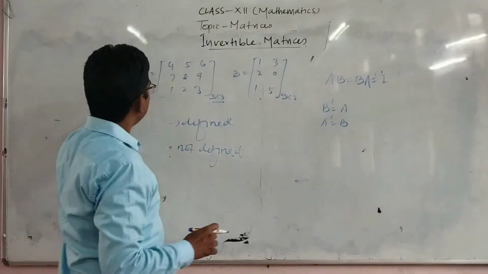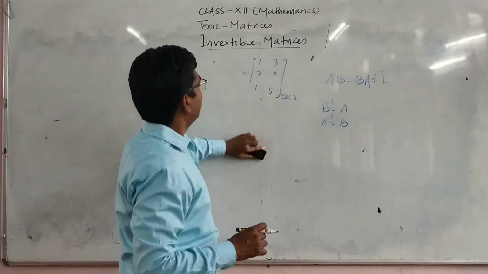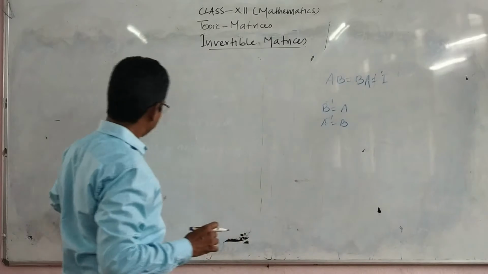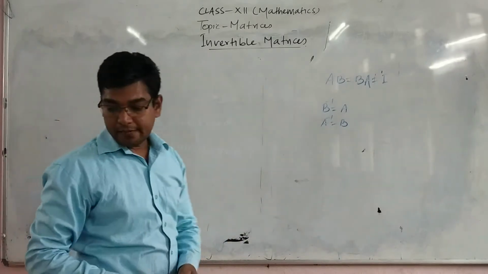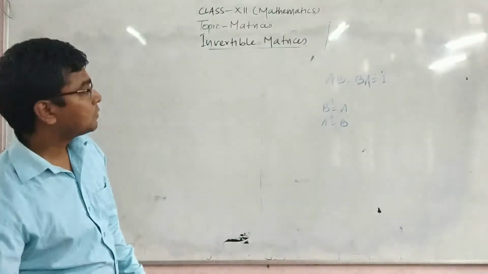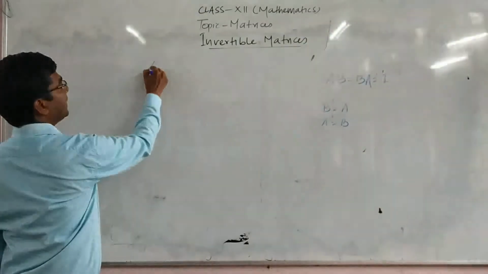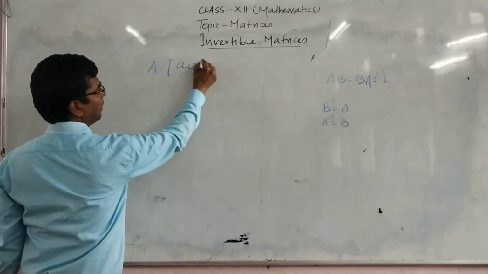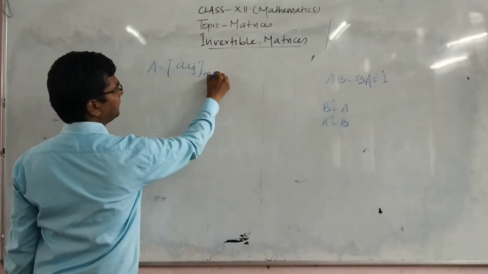So if a square matrix has an inverse, then definitely it will be unique. Okay, so let us take a square matrix Aij of order m.